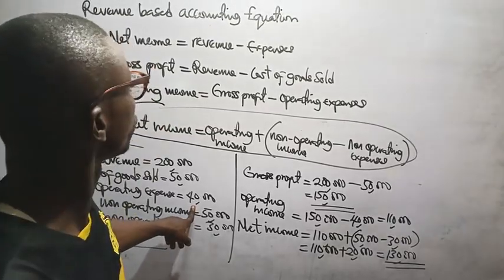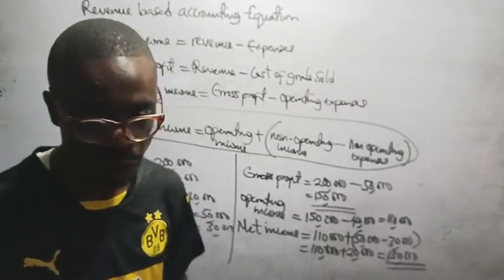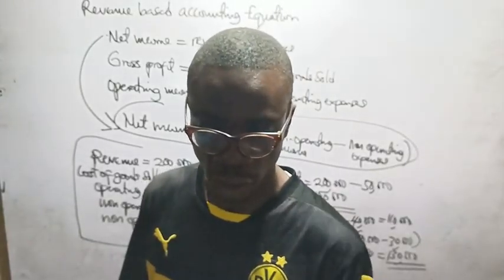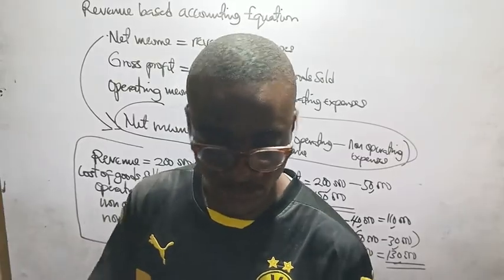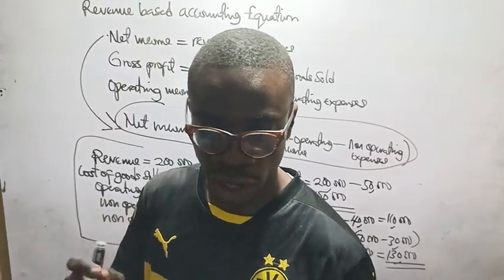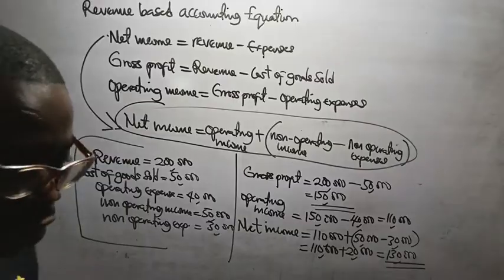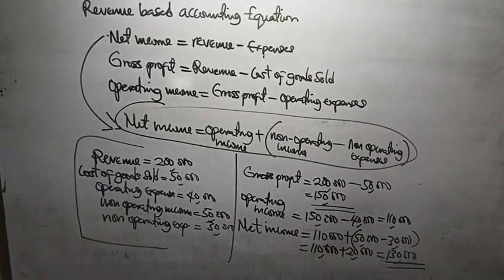They picked 30,000 naira. So that's where the mistake is in your material. If you go to your material on page 46, you see that mistake. Instead of your operating expenses being 40,000 naira, in the solution they wrote 30,000 naira. That's the reason why you are seeing differences between what I'm solving on the board and what is on the material now.